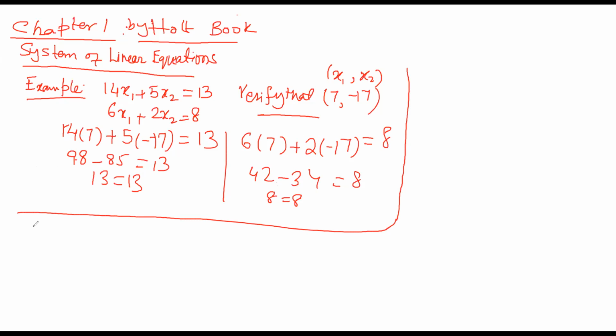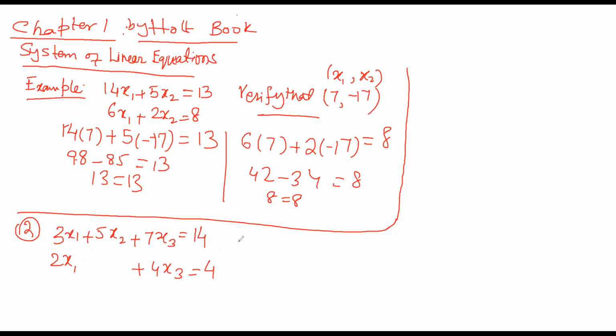Let's take another one. Okay, so this will be something a little bit different. 3x1 plus 5x2 plus 7x3 is equal to 14. 2x1 and then plus 4x3 is equal to 4.